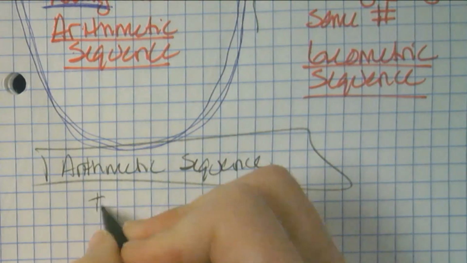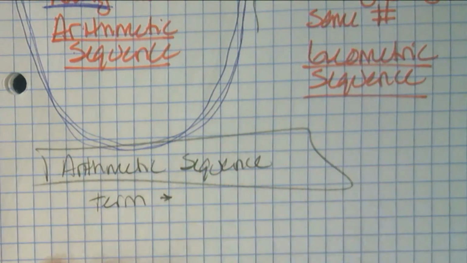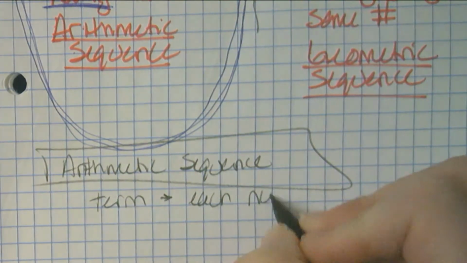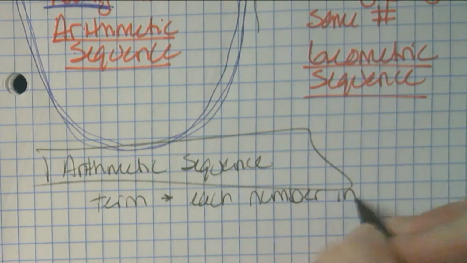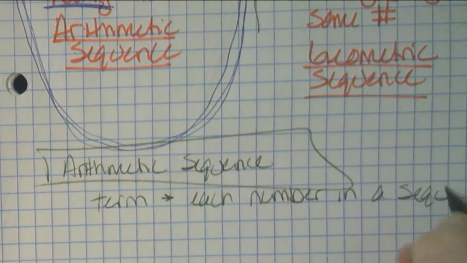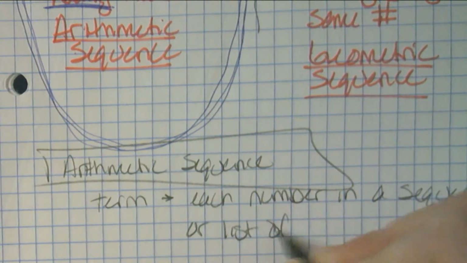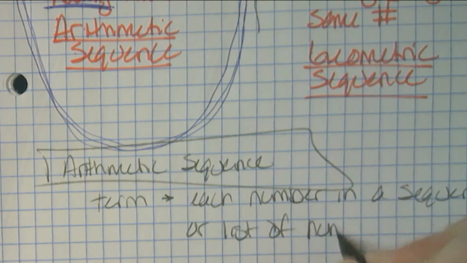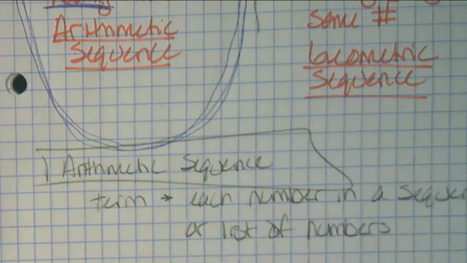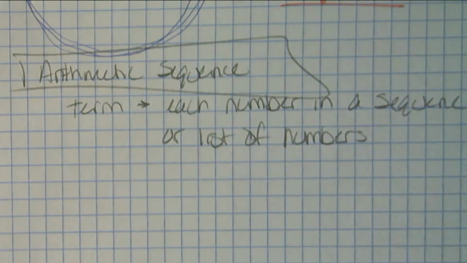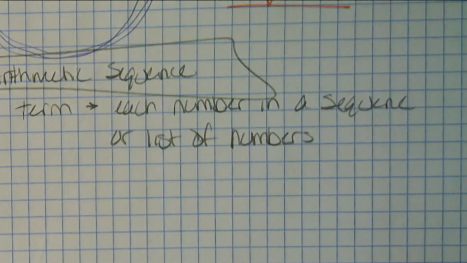We're going to talk about a term. Term is each number in a sequence or list of numbers. So a term is each number in the sequence or each number in the list of numbers.